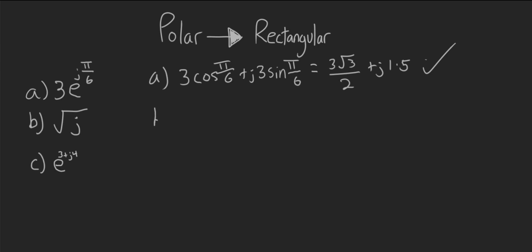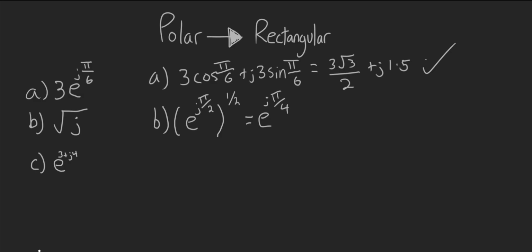Now for part B, we start by rewriting j in its polar form equivalent. And we raise this to the power of 1/2, or take the square root. This means the same thing. And we use a property of the exponential function to simplify this to e^(j pi/4).